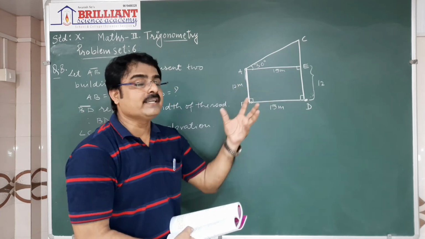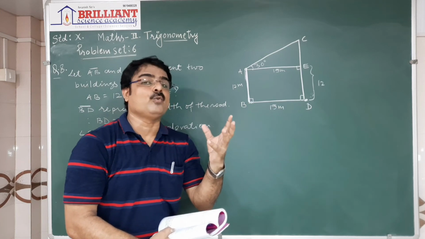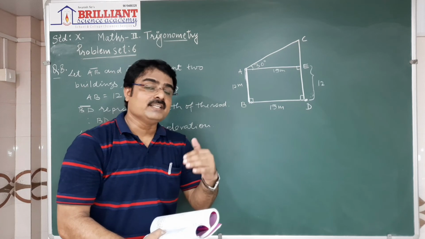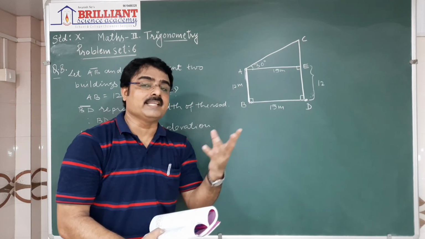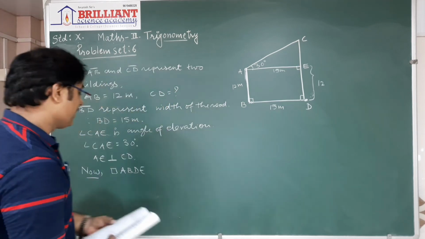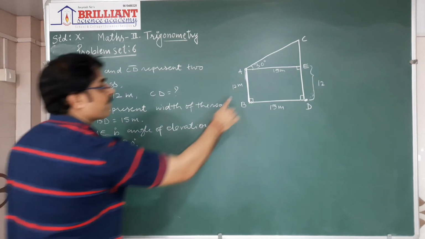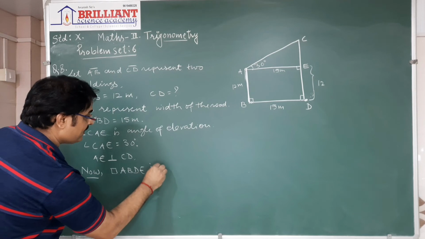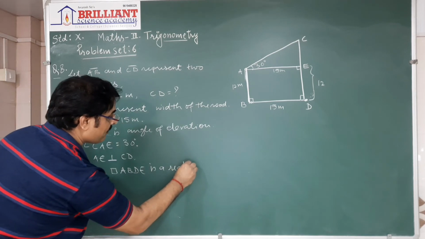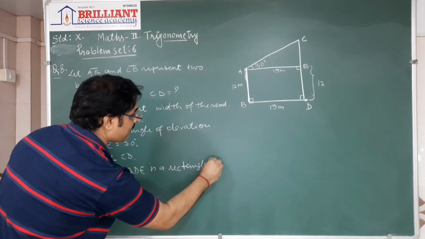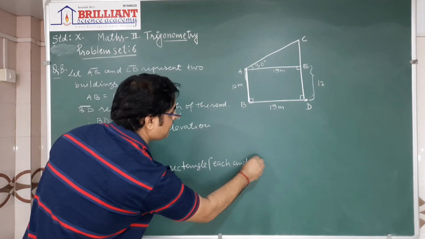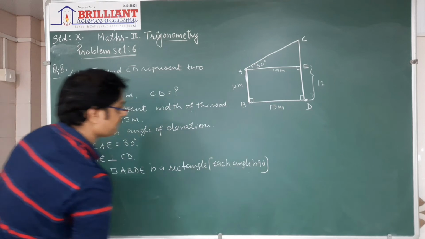So according to the definition of rectangle, what is the definition of rectangle? A quadrilateral in which each angle is 90 degree, then that quadrilateral is a rectangle. So this quadrilateral ABDE is a rectangle. क्या रीजन लिखेंगे, each angle is 90 degree.